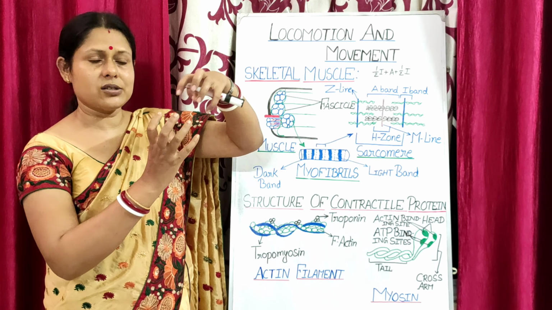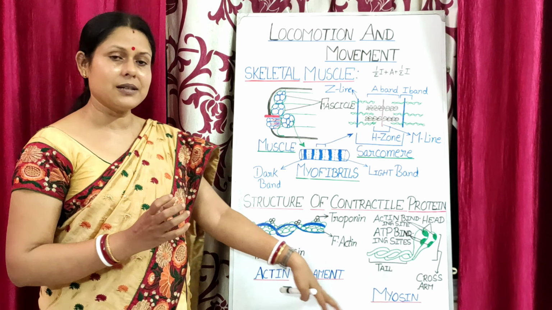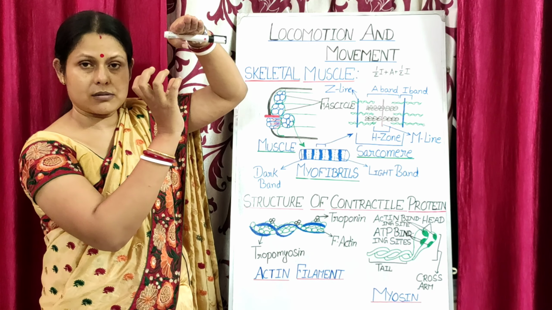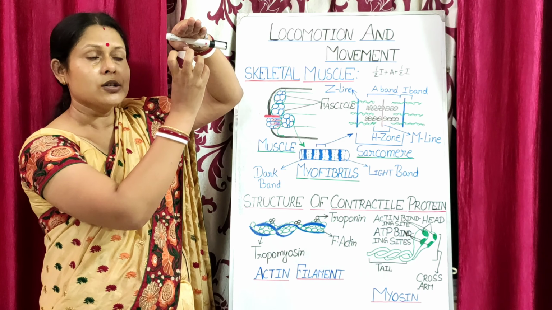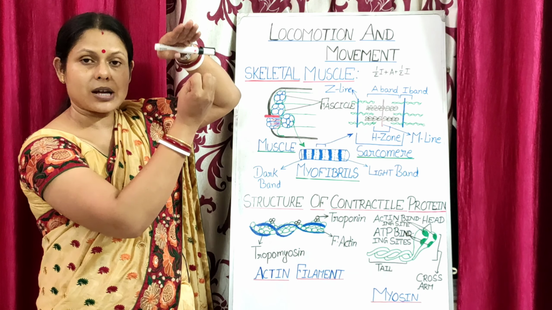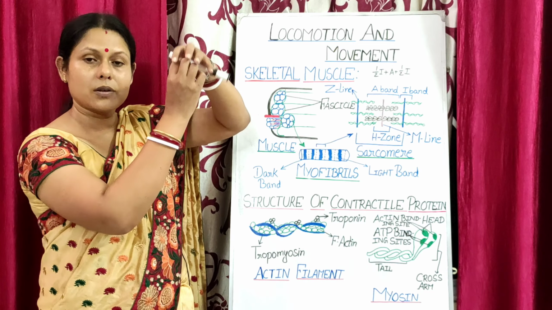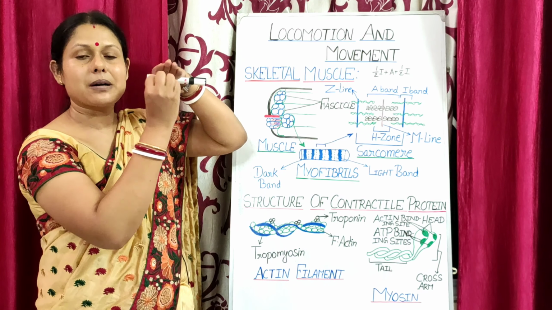There is an attraction between the actin filament and the myosin filament. Actin is at the top and myosin is somewhat broader and somewhat fixed, so there will be an attraction between them. It's like two magnets with opposite poles, pulling on each other and sliding past each other.